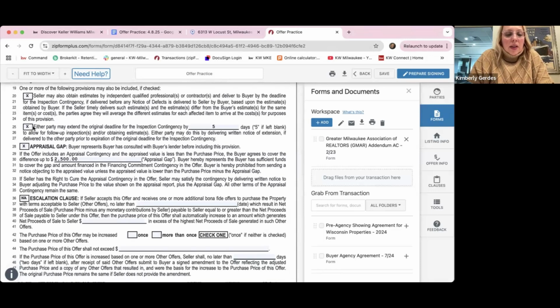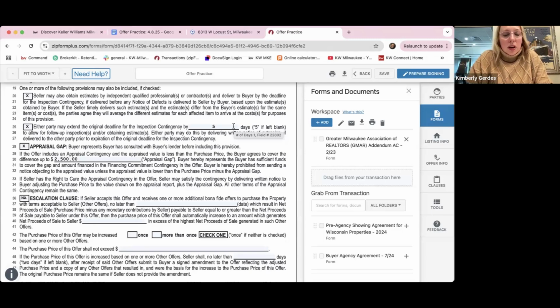By checking this box on line 25, this also gives either party an opportunity to extend the home inspection contingency in our original offer to purchase, and I've put in 5 days. If you recall, in our offer, we had a home inspection contingency deadline of 10 days.